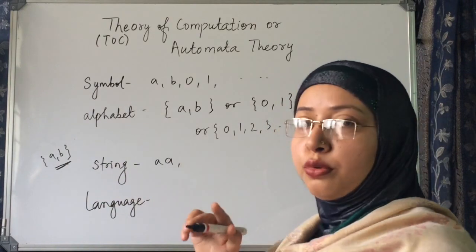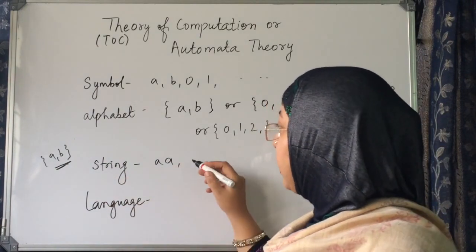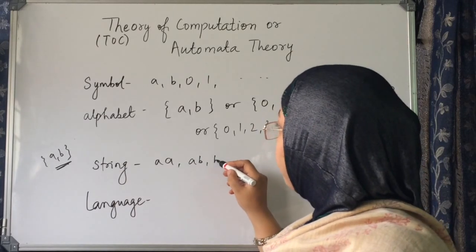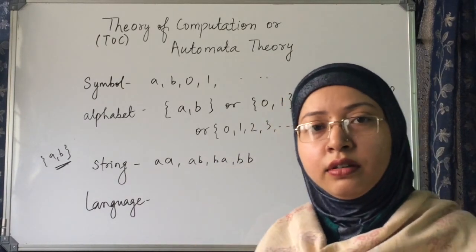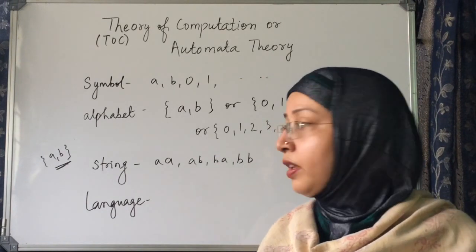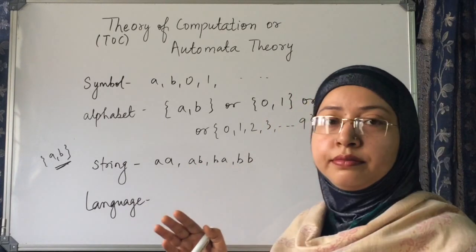A string of length 2 means any string with only 2 symbols: AA, AB, BA, BB.